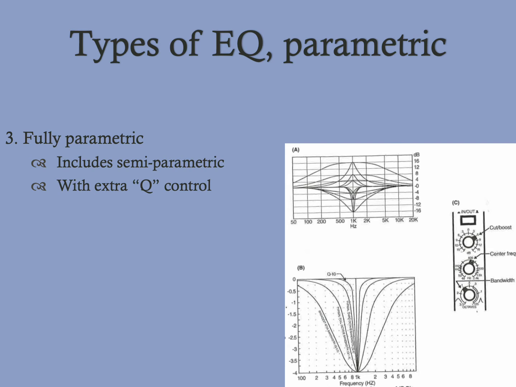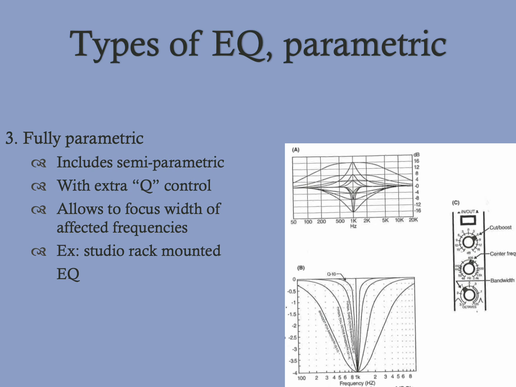So this is a Q of 10, meaning you're very, very specific. You're being surgical here. And as you roll that Q out to 0, you're affecting a lot of different frequencies around there. It looks like you can get down to 200 hertz or so, with much more minor impact there.